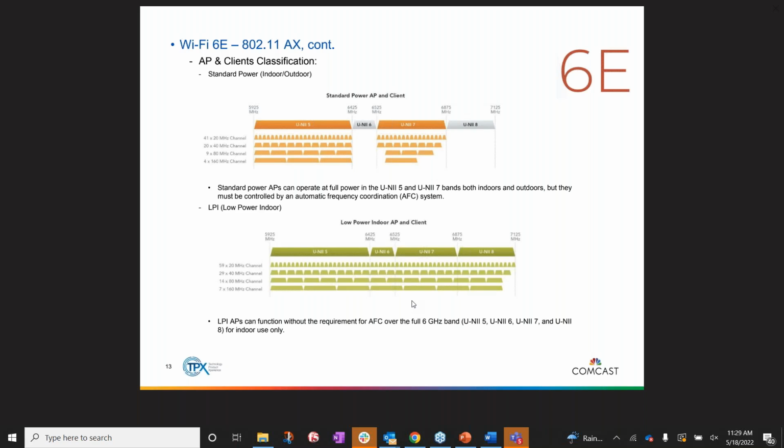It should not run on a battery. And another thing, the design of the antennas should not provide an option to connect to an external antenna. These are the only conditions they proposed for LPI.